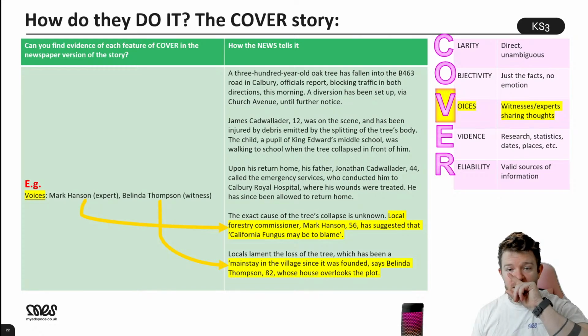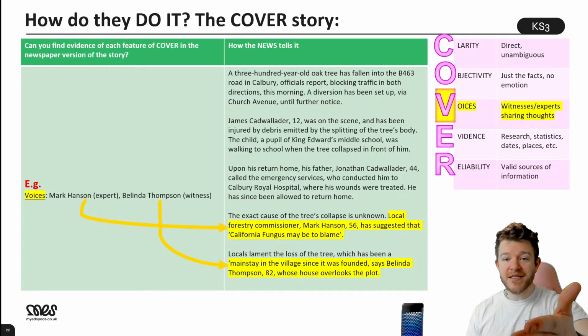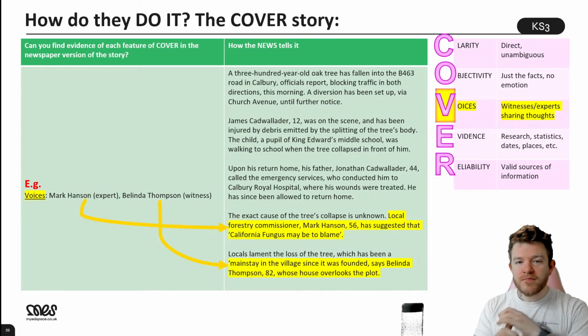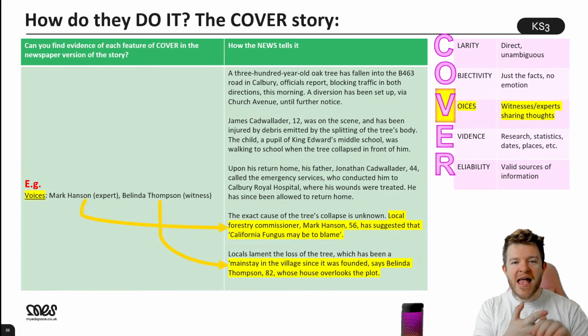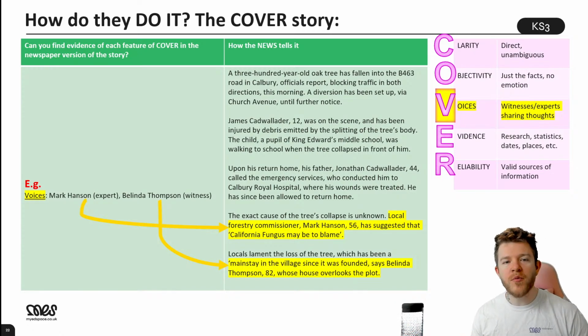What I would like to try and do, you can annotate this on your workbook and also put it into the chat. Where do you think you can see examples of clarity, objectivity, evidence, and reliability? So throw some of those into the chat as you annotate your workbooks. Where are you finding examples of these other things going on? Okay?